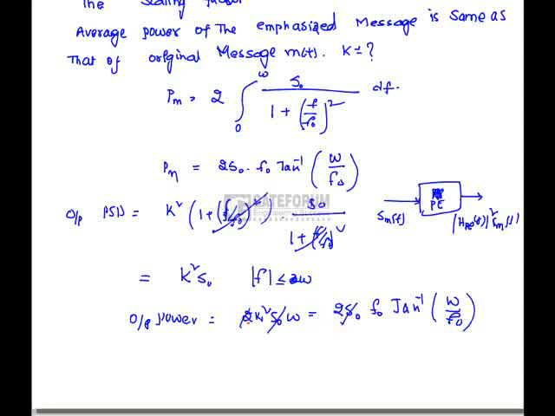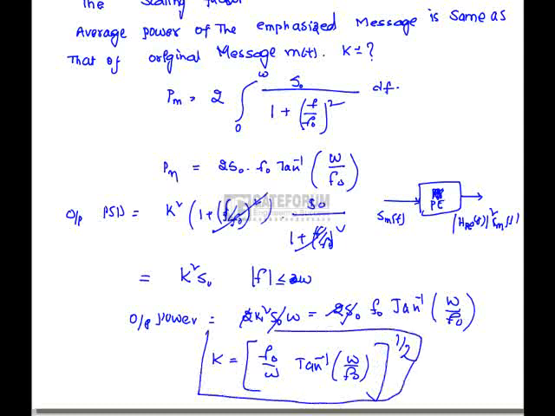S naught gets cancelled, 2 gets cancelled. Here k is chosen such that f naught by omega tan inverse of omega by f naught equals 1 by 2. This is the value of k.